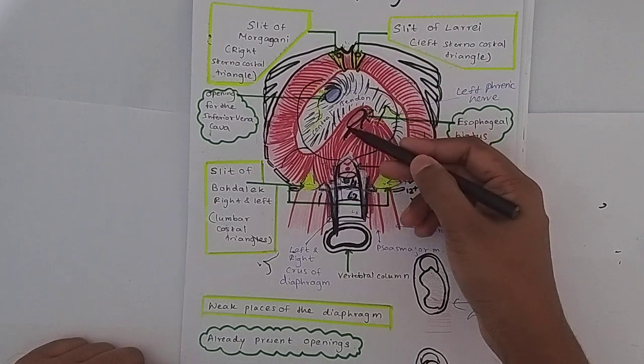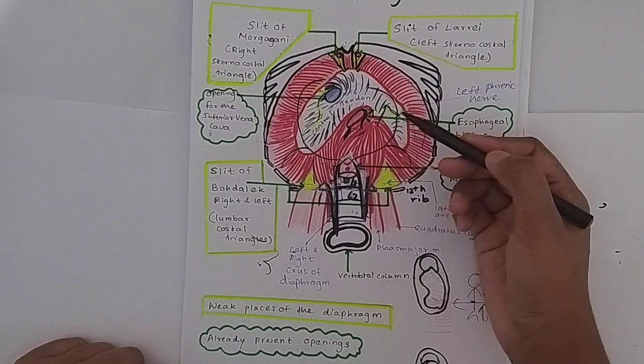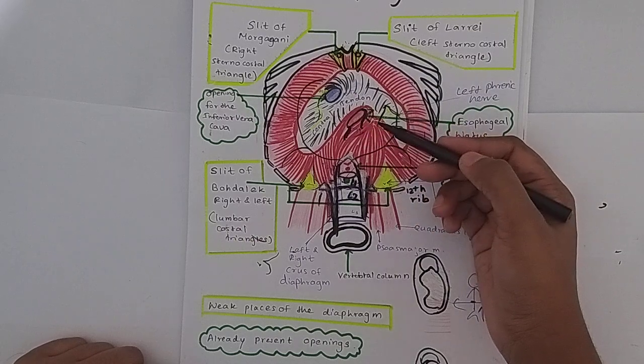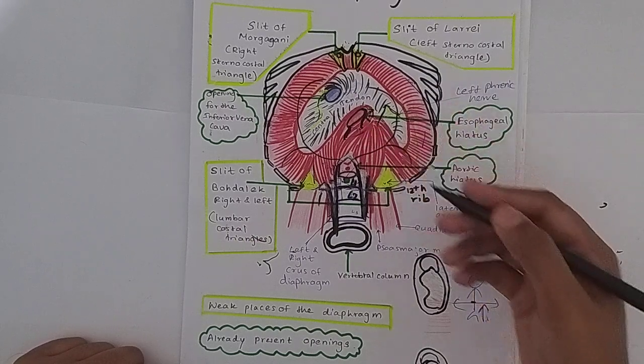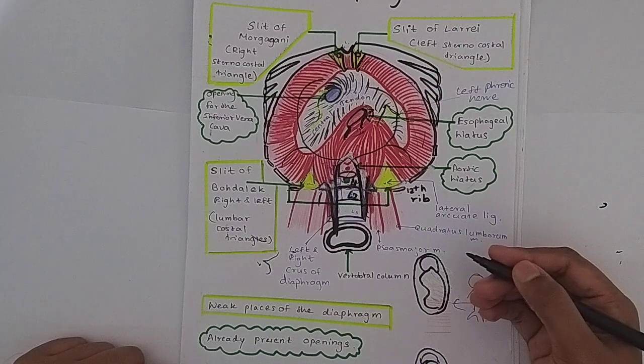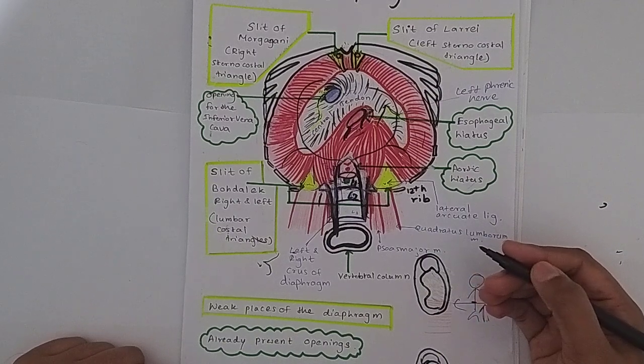Not only the esophagus, the two vagus nerves also pass through the esophageal hiatus, and the esophageal arteries come along the esophagus through it.